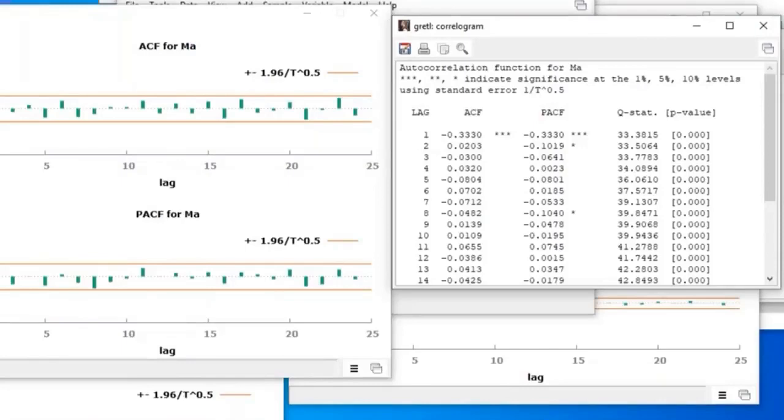Opposite is the case for the MA process. For the MA process, the PACF is fast decaying, and the number of significant spikes in the ACF will give us the order of MA. Got it? Yes, sir.